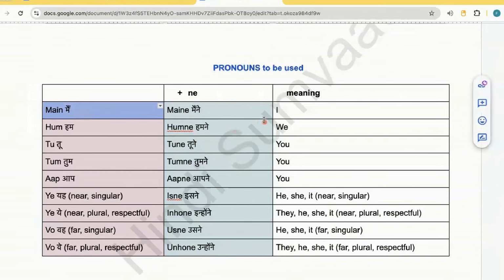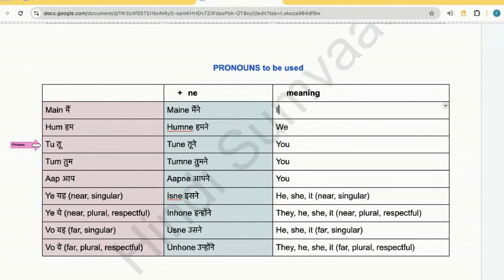Main and maine means I. Hum, humne. Both of them mean we.